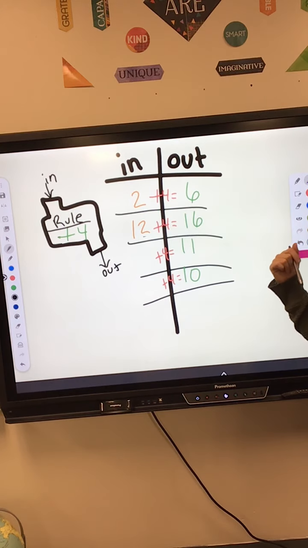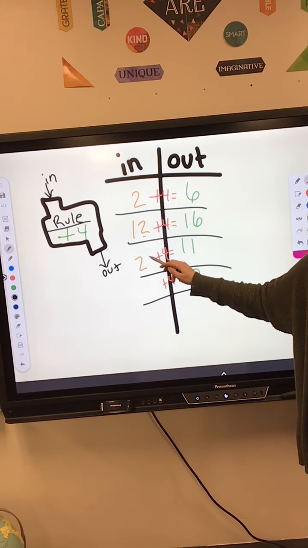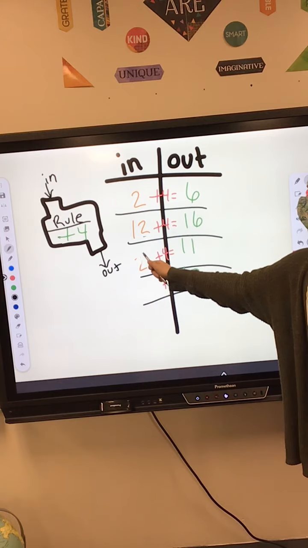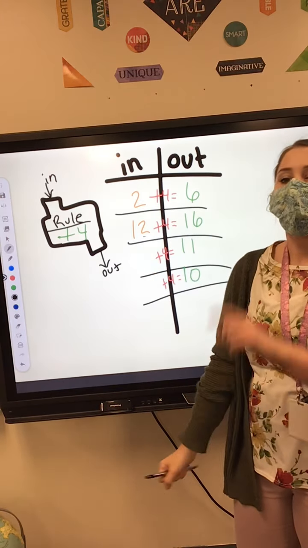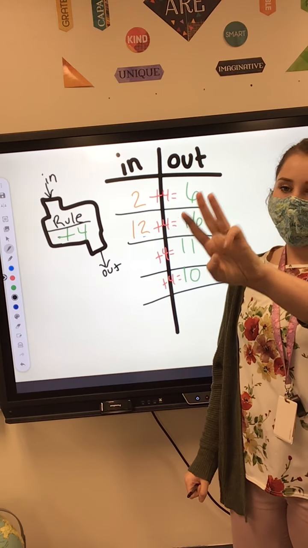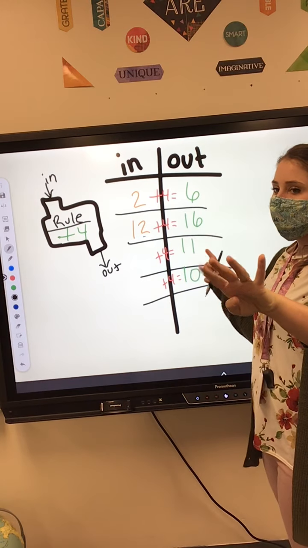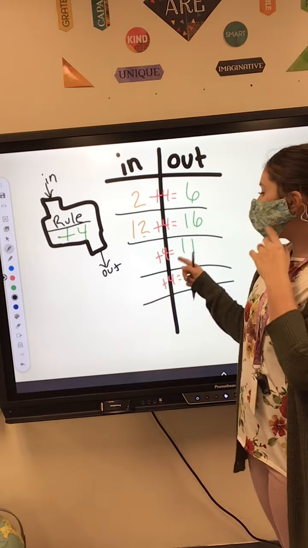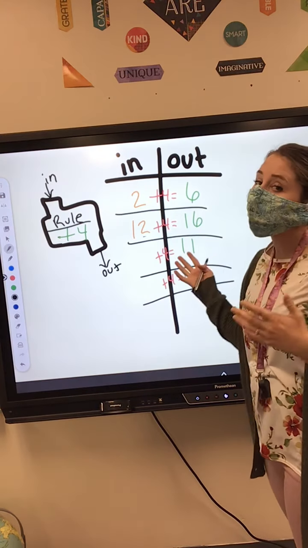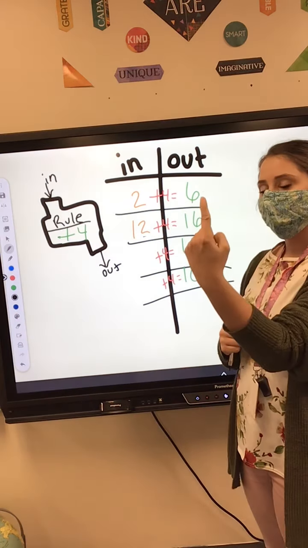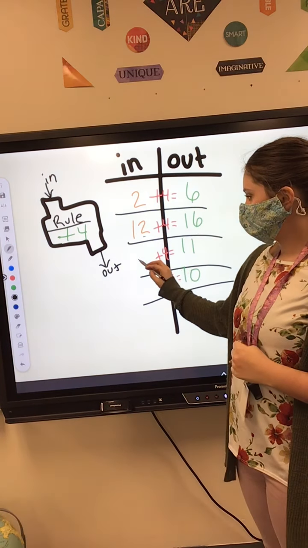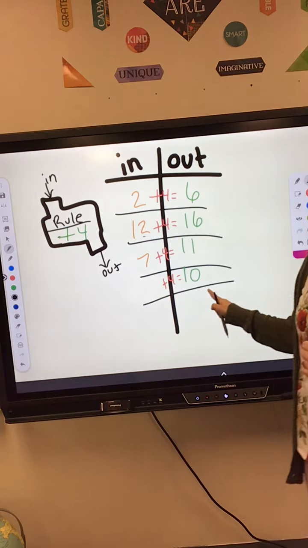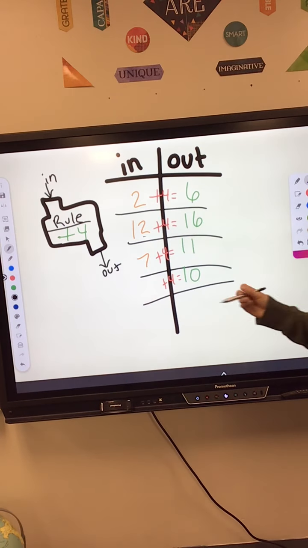Connor? 22. Let's check yourself. 22 plus 4: 23, 24, 25, 26. Does that equal 11? No. Remember, what plus 4 equals 11? We can start at 11 and go back. 11, 10, 9, 8, 7. And what plus 4 equals 10? 6. So you guys just solved it.